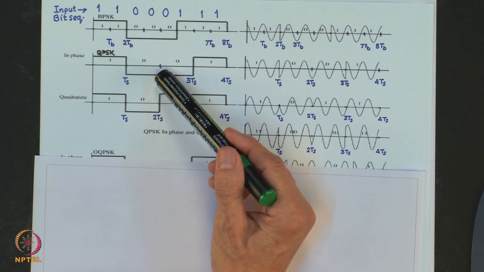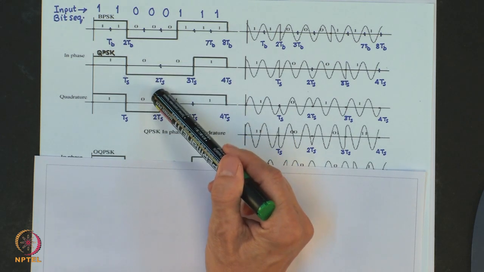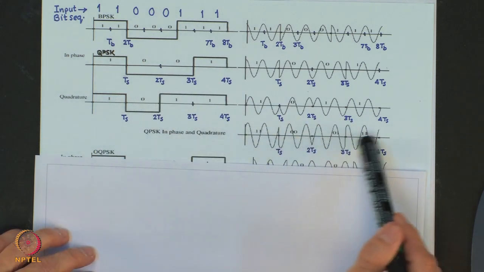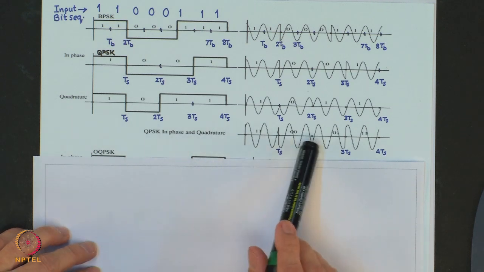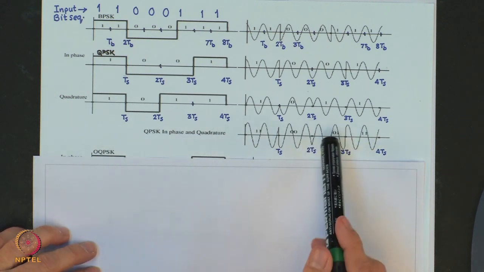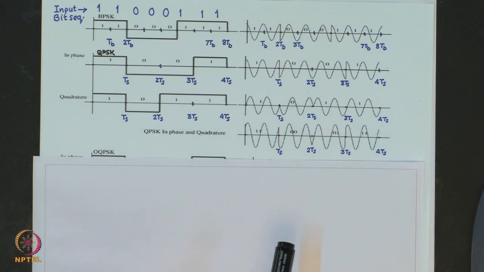So, if you look here, this proceeds as it is, but there is a change. So, you will get a 90 degrees change in the QPSK signal's phase, and the carrier phase will not change when neither in phase or quadrature components of the QPSK signal changes sign.